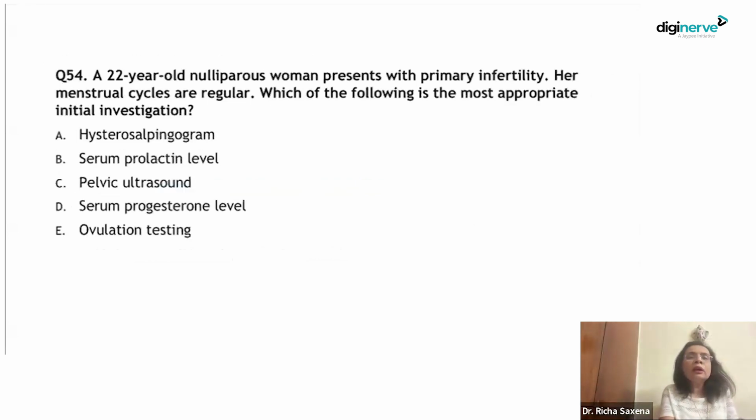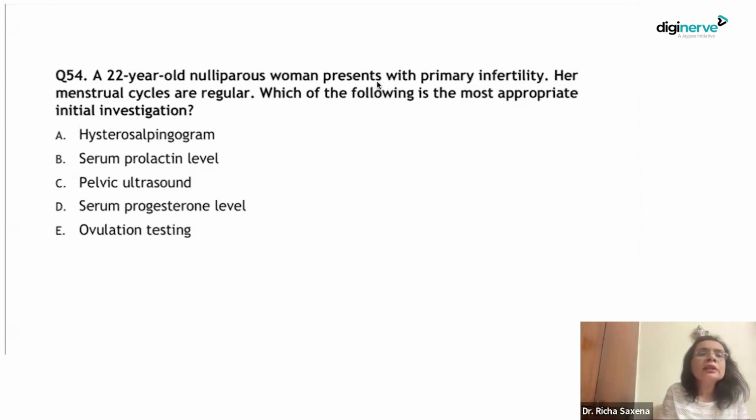A 22-year-old nulliparous woman presents with primary infertility. Her menstrual cycles are regular. Which of the following is the most appropriate initial investigation? In case the menstrual cycles are regular, that means she is ovulating and ovaries are probably functioning properly. So what should be the next step?